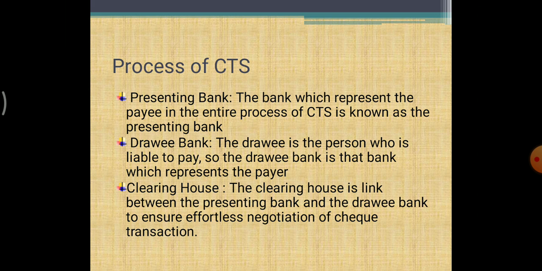And third one is the clearing house. The clearing house is a link between the presenting banks and the drawee banks, ensuring the effortless negotiation of cheque transactions. So these are all the parties in the cheque truncation system.